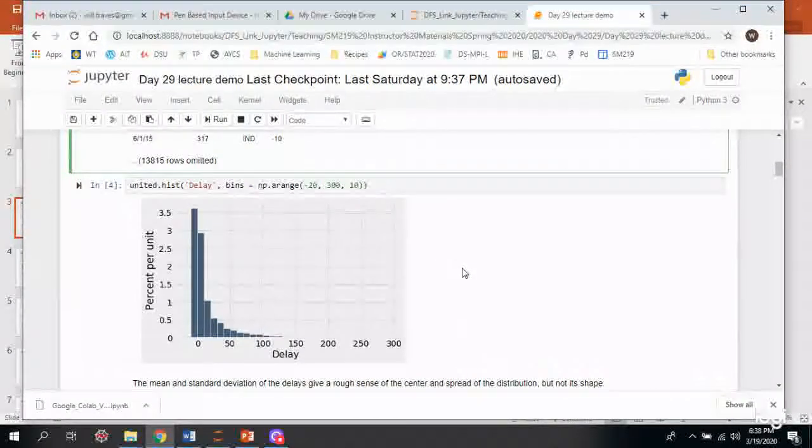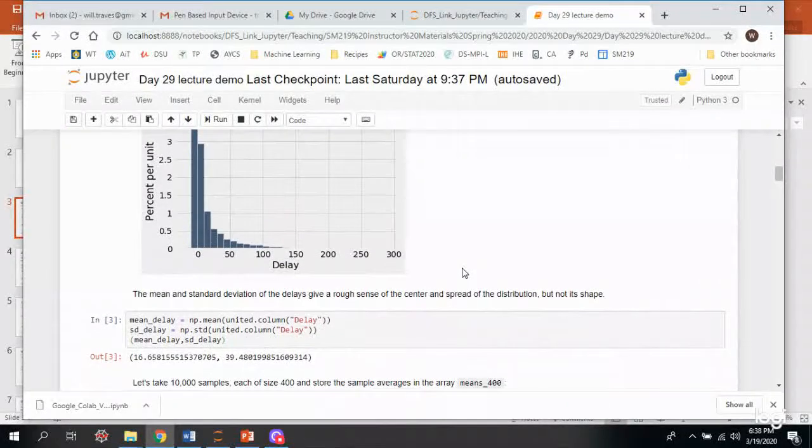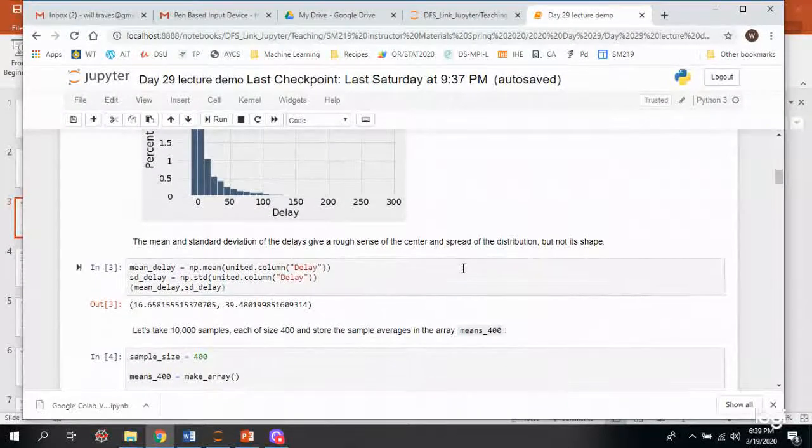They really, unfortunately, don't tell you much about the shape of the distribution at all. You can use the np.mean and the np.std commands to compute the mean and standard deviation of the United flight delays. And we find that the average or mean delay is about 16.65 minutes, and the standard deviation of the flights is just under 40 minutes.